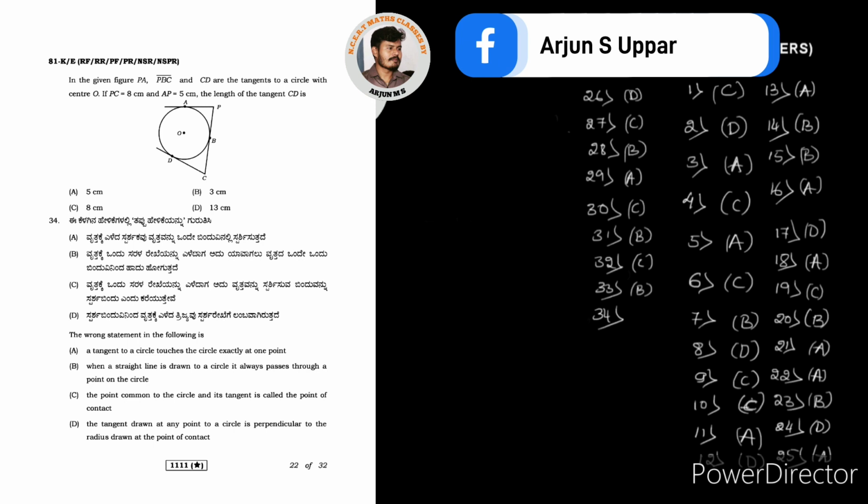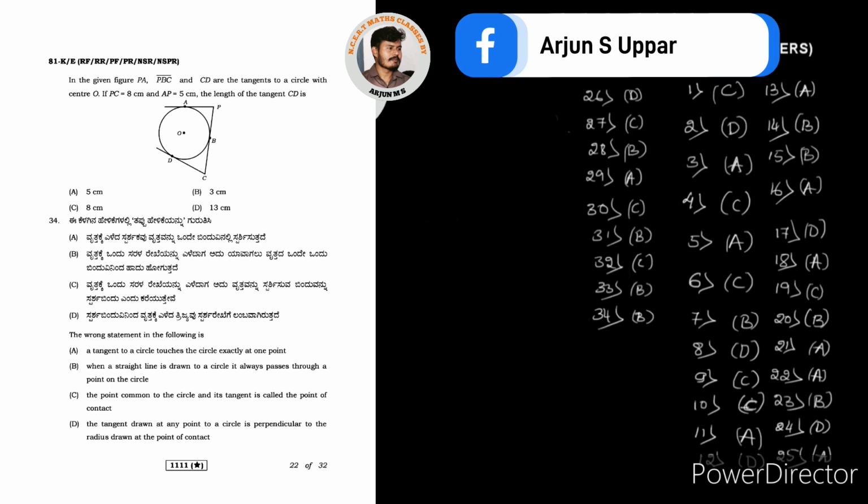So this is a little bit confusing compared to the other statements. You just read the third statement properly. The point common to the circle and its tangent is called the point of contact. This is also a true statement. The tangent drawn at any point to a circle is perpendicular to the radius drawn at the point of contact. So this is also a 100% true statement, but option B is the wrong one. So that's why option B is the right answer.